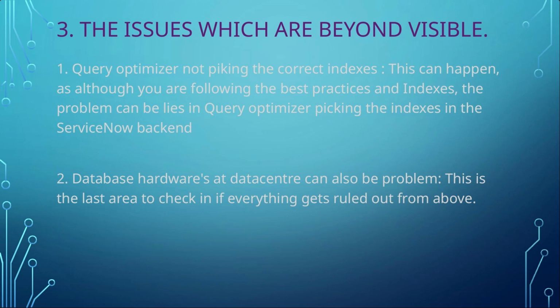Although the query optimizer was all fine, we found hardware differences between the development environment and the production environment. Because we didn't know what had happened to that particular record, although everything seemed fine, we identified that the issue was with the hardware hosting the ServiceNow database. ServiceNow replaced that hardware with the newer version of hardware that was available.